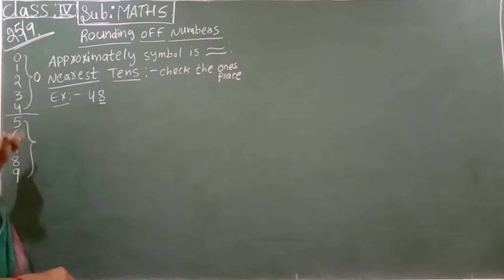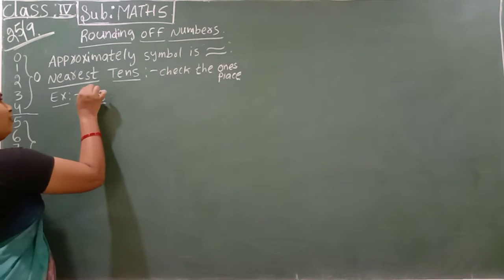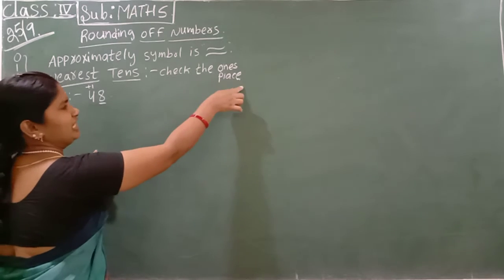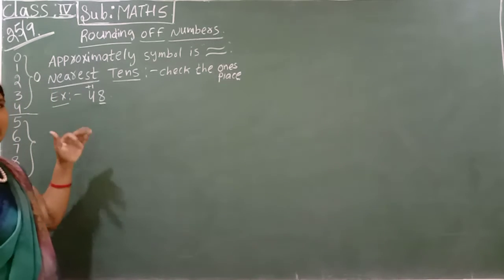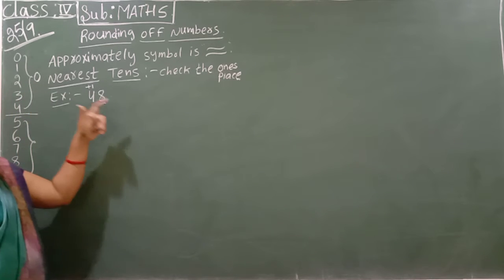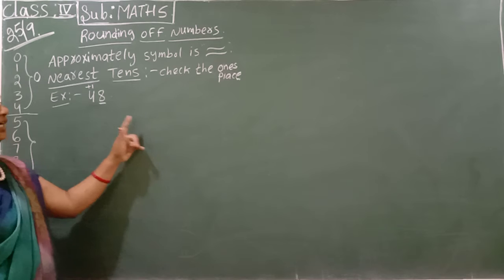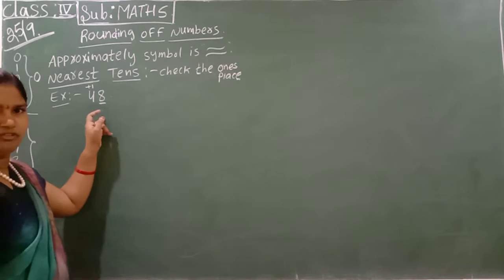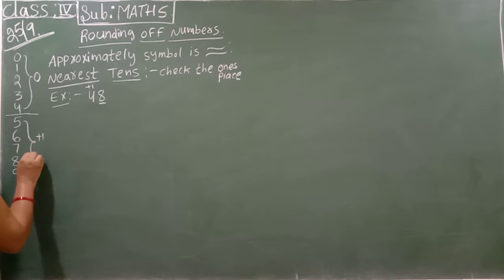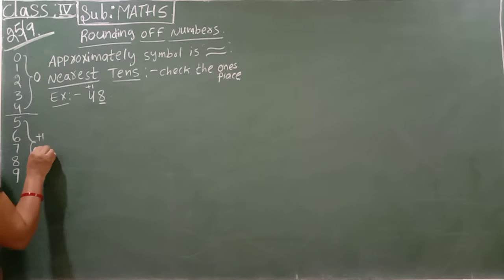But if it is greater than 5, add 1 to the tens place. If it is less than 5, directly write 0 in the ones place. If it is greater than 5, add 1 to the tens place.